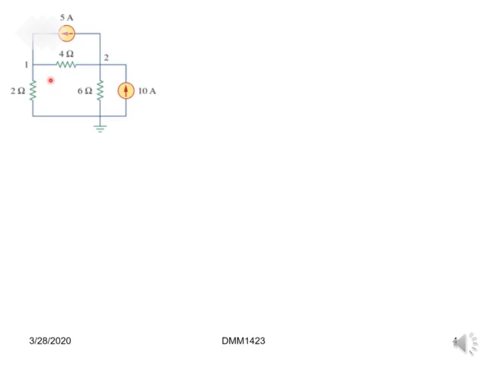Why? The definition of a node is a point where two or more elements are connected. Here we can see that the 2 ohm resistor, the 4 ohm resistor and the 5 ampere current source are connected to this point, so we decide that this is our first node.